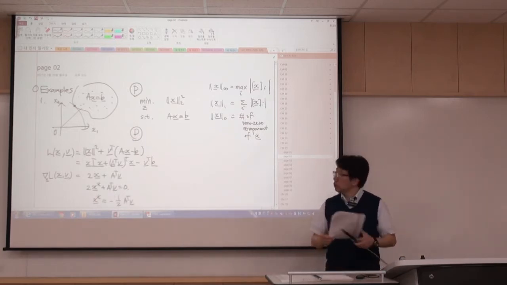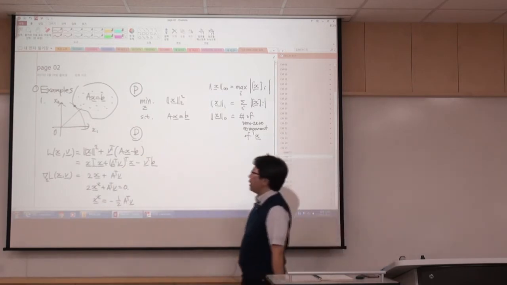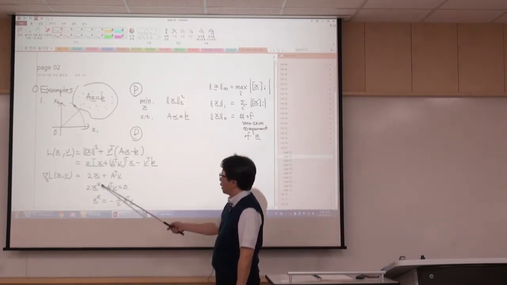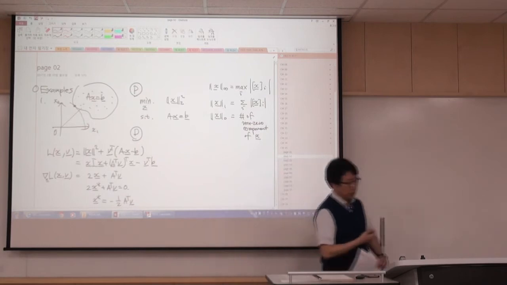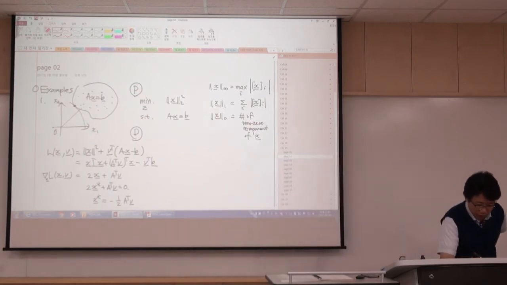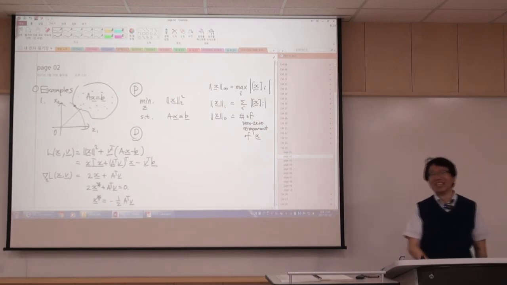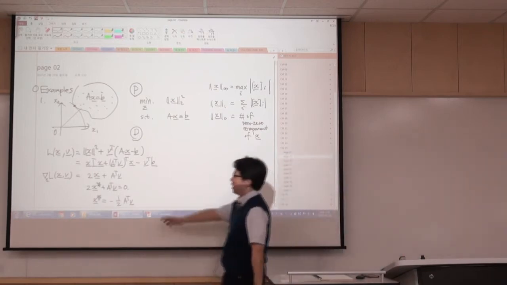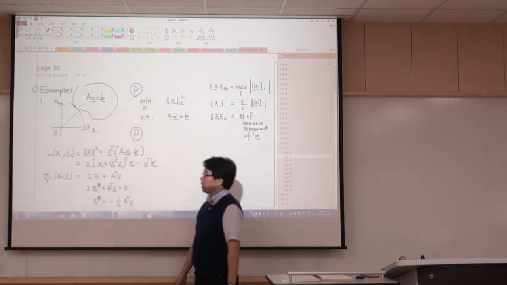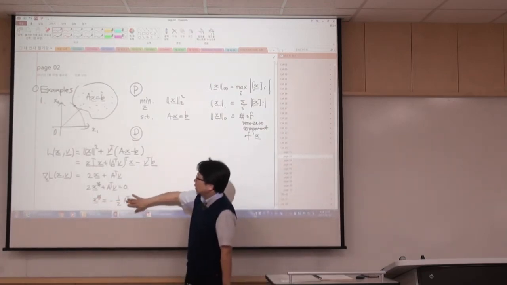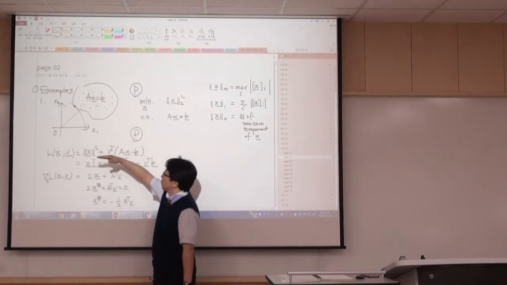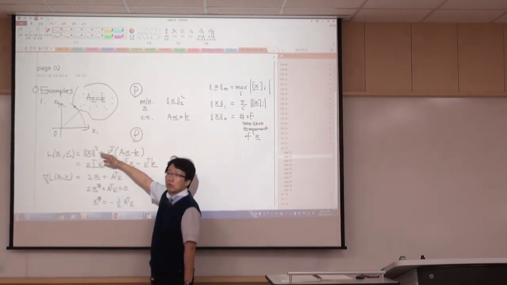Now, you may not be happy with my use of star, because it looks like the primal optimal solution. So what do I do? It's all up to you. Okay, let's use this star. Now we plug this into this function, because what do we want to do?